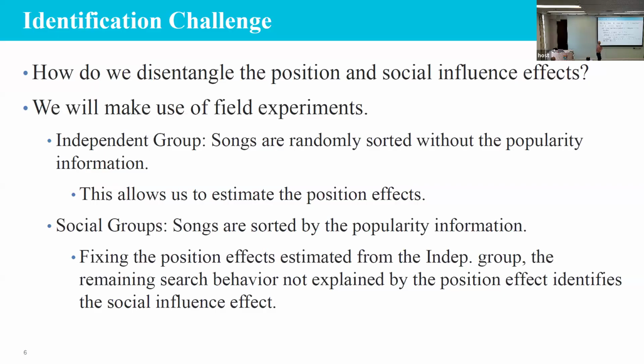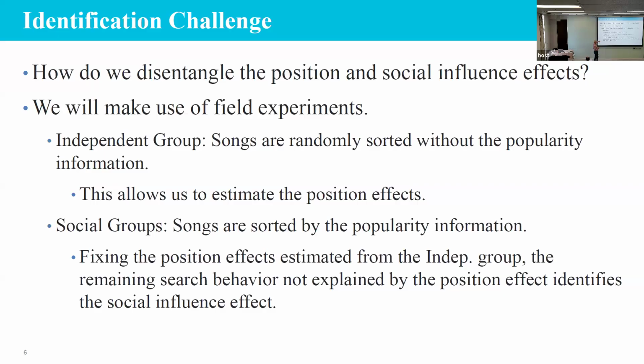Now in this field experiment, there are two groups of subjects. One group of subjects is called the independent group. The songs that they are exposed to are randomly sorted without popularity information. Another group is the social group, and we call it the social group because the songs that are displayed are sorted based on popularity information.